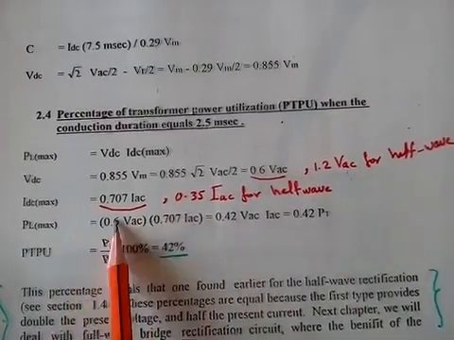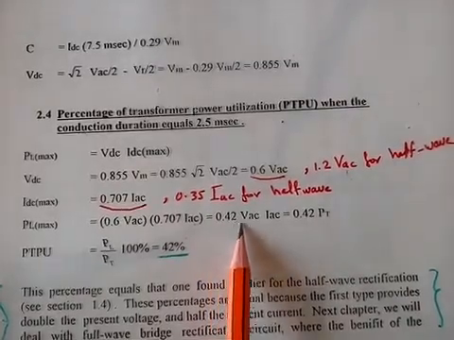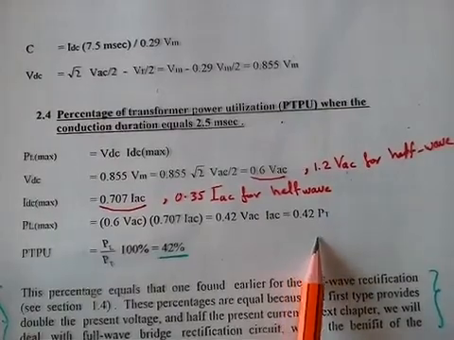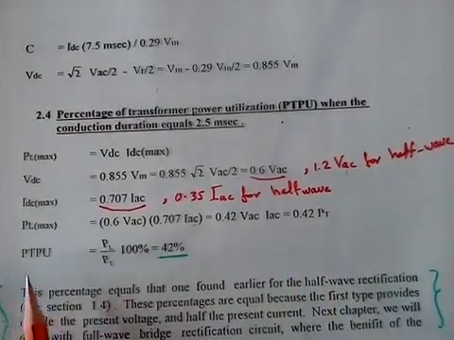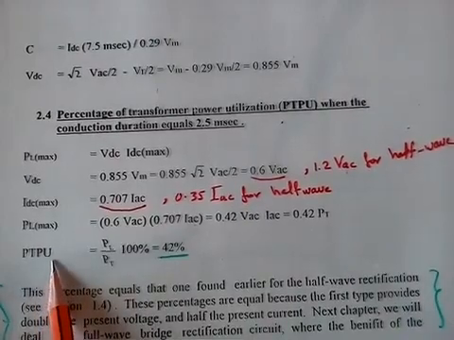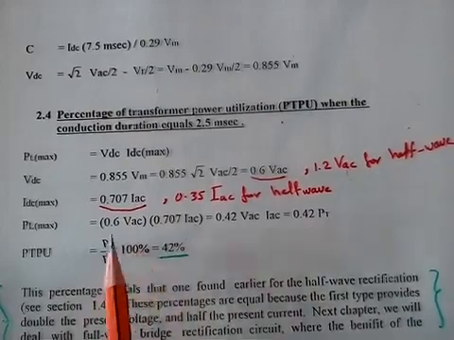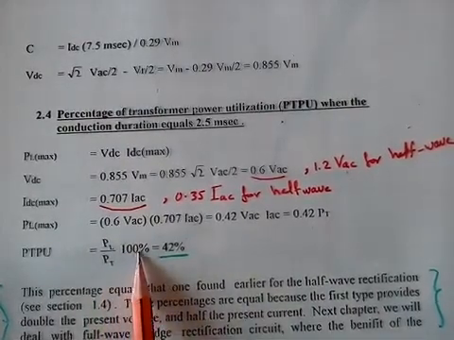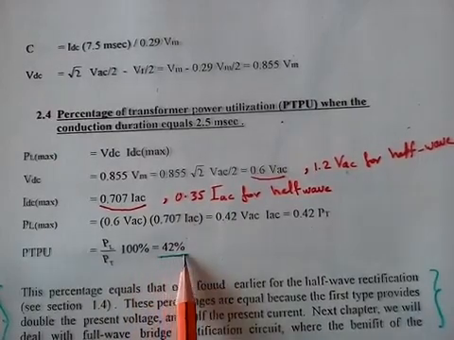Now I'm multiplying those two together, that gives us 0.42 of VAC IAC, which means you get about 42% of the total power of the transformer. So how much do you get out of your transformer? You take the power of the load divided by PT, power of the transformer, multiplied by 100%, and that gives us 42%.